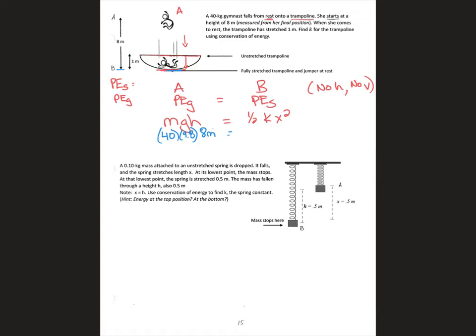But she still has some potential energy when she's at the surface, right? By the time she gets to the bottom, she has zero potential energy due to gravity. A little bit more complicated. The k value is what we don't know. But as you can see, this trampoline, which is probably made of many, many springs, has a stretch displacement of 1 meter.